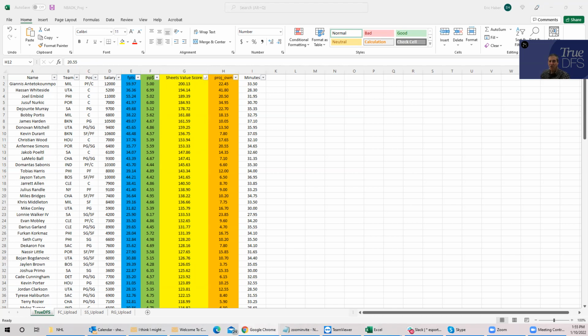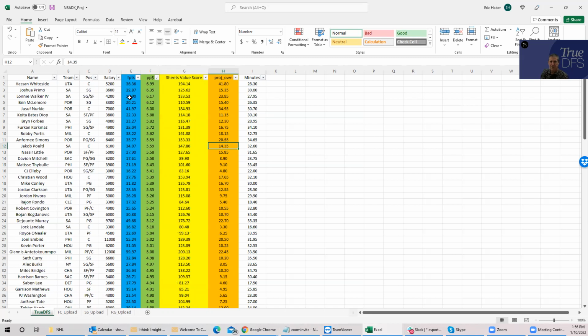What that also does for you is allow flexibility, because all else being equal, you do want to play guys in the later game. So if things don't go the way you want, you have some room to change. So that's another thing you can do: Nurkic with Simons with Harden, and get guys that are highly projected that also have a little bit of correlation.